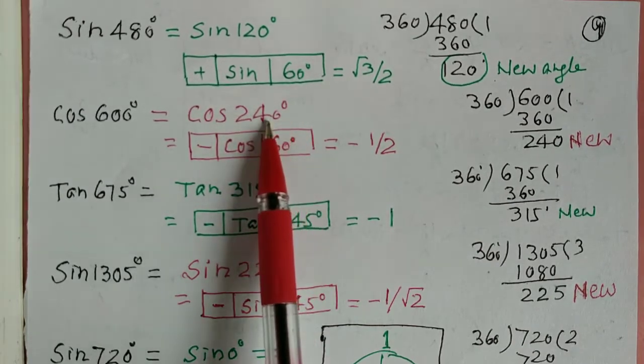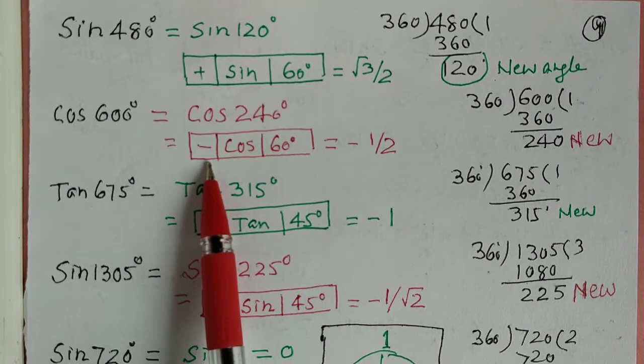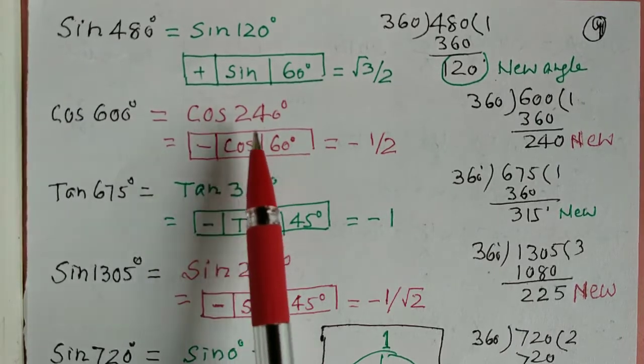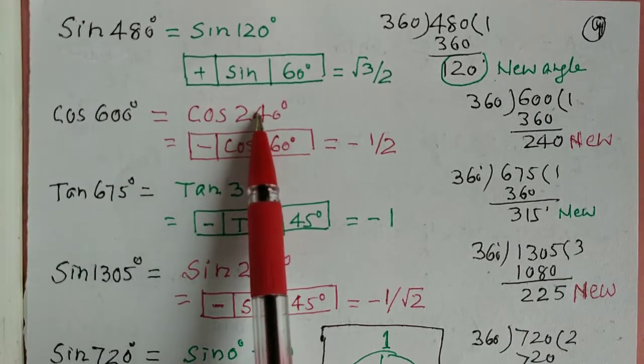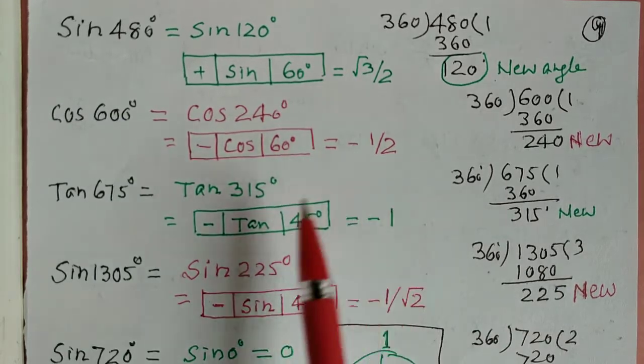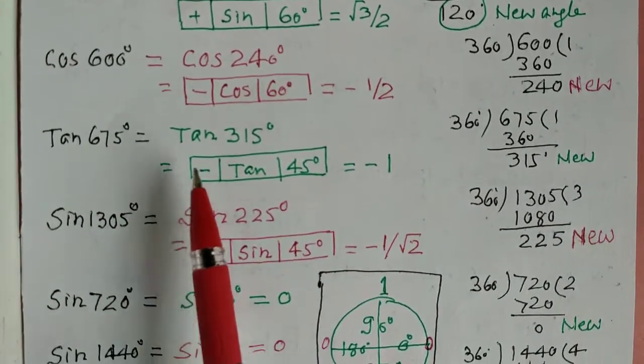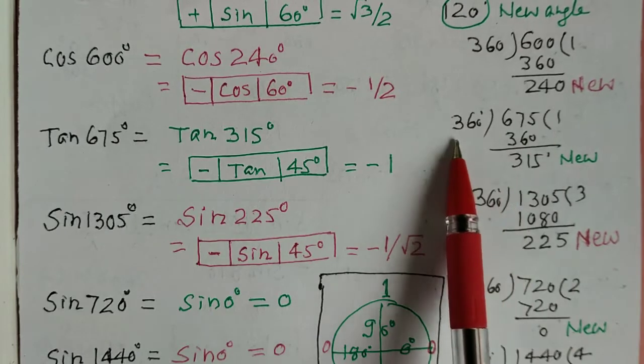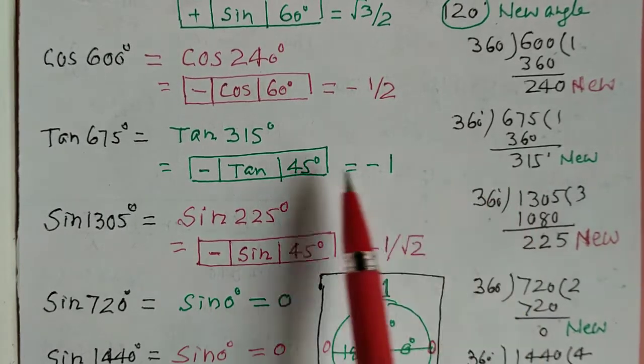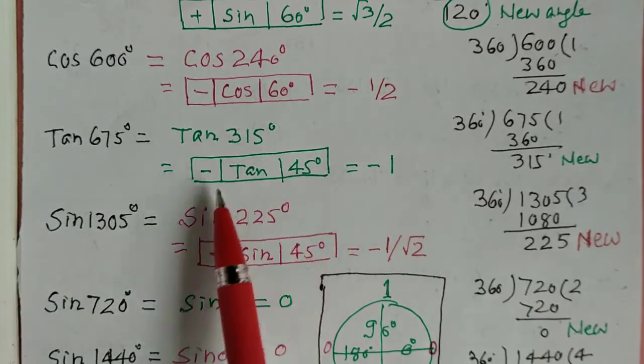This is in third quadrant where cos is negative. Cos remains cos. 240 is deviated from 180 by 60, so minus half. Now tan 675 divide by 360, remainder 315, so we are getting tan 315.